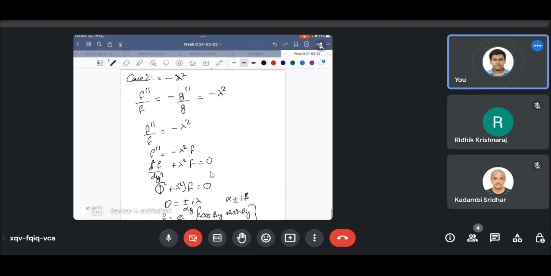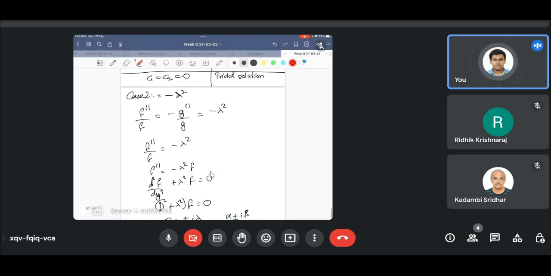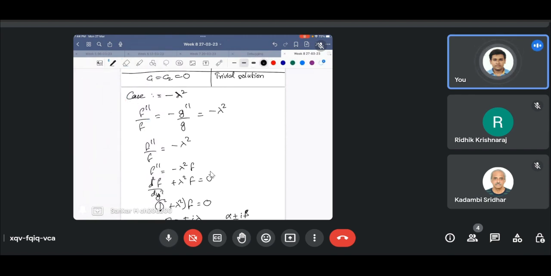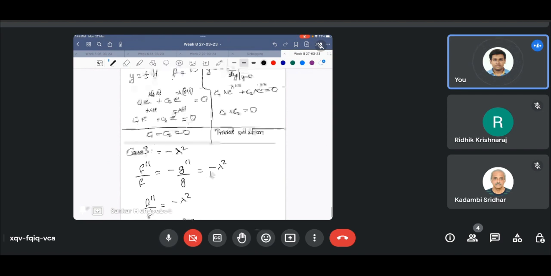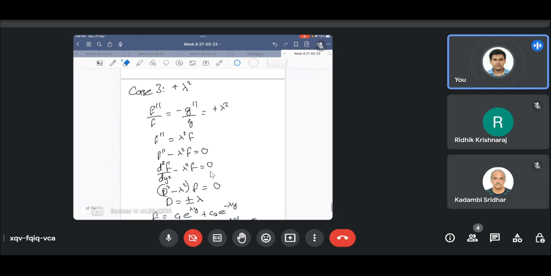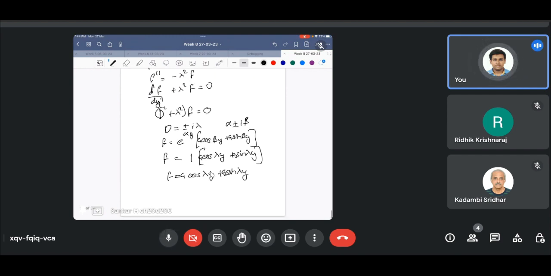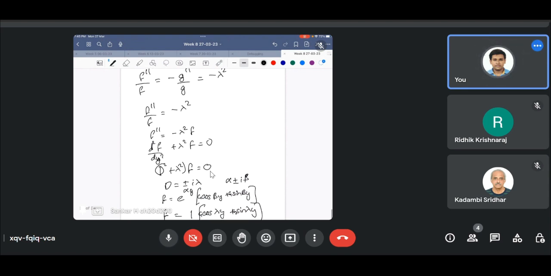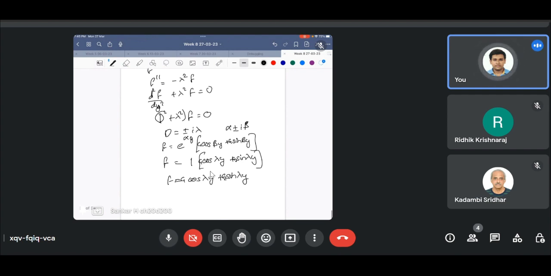Okay, now moving on to what we were discussing earlier. Let me call this case 3 and the earlier one case 2. It doesn't matter, but for the sake of continuity, case 3 will be this, where we equated it to minus lambda square, f double dash by f equal to minus g double dash by g equal to minus lambda square, and we found out f as a function of y: c1 cos lambda y plus c2 sin lambda y.